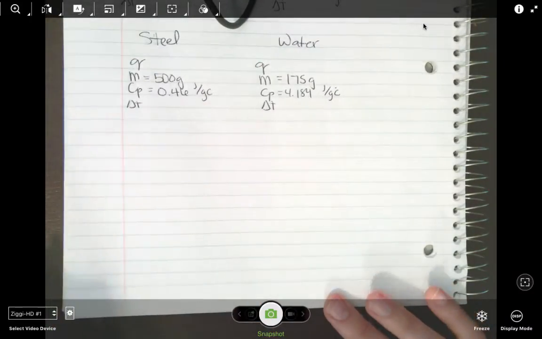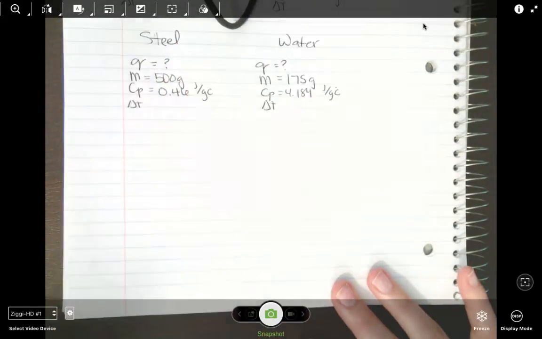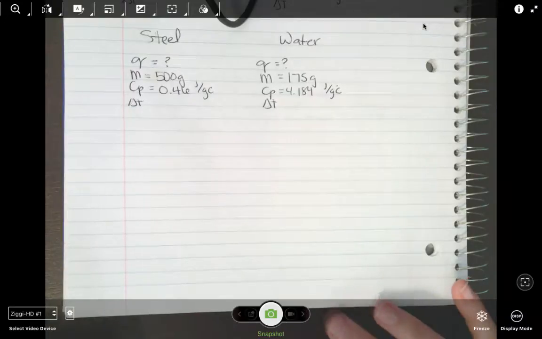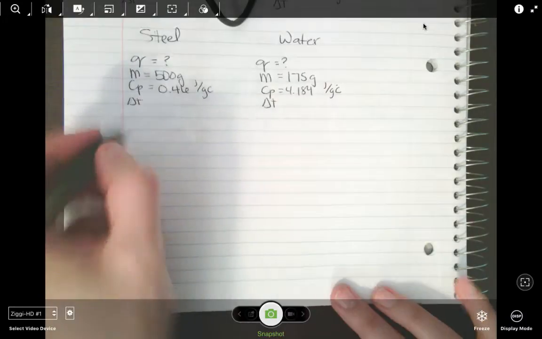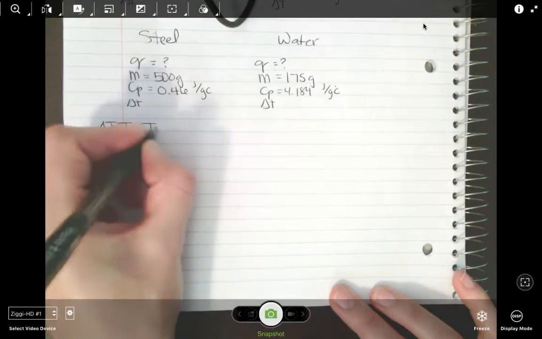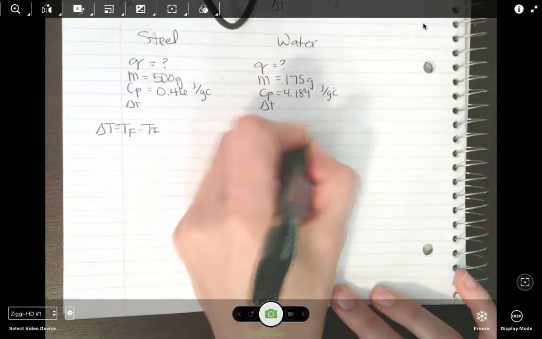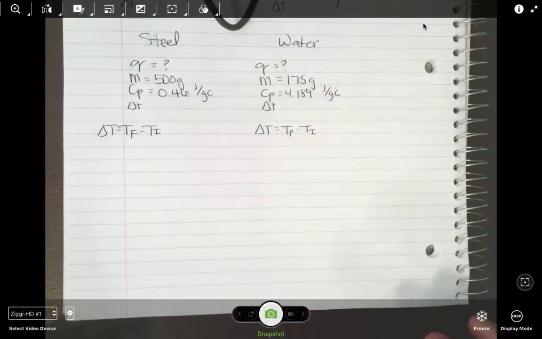Alright, so it says mathematically show how energy is transferred, so that means we're solving for our Q's because that's energy. So the only variable I have left is the delta T, where delta T equals T final minus T initial. Same over here, T final minus T initial. It's always like that. It says you pour boiling hot water at 100 degrees Celsius.